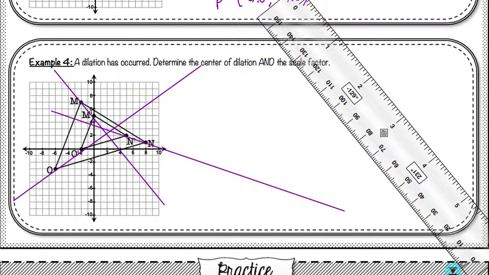However, I can tell you if you used a ruler and were very careful on your own paper, you would have found that 2, 3 was actually where all three lines connected. This was the best I could do with the technology that I have. 2, 3 is actually where all three of these lines are going to intersect. So your center of dilation is 2, 3.